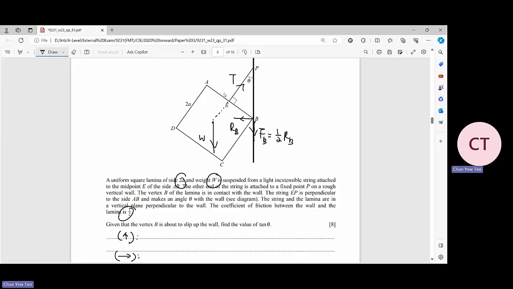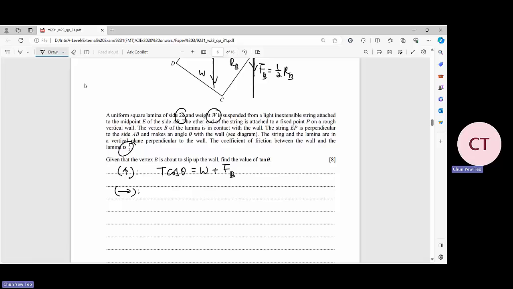For vertically, you will get T cos theta is equal to W plus FB. Since FB is equal to half RB, we just write this as W plus half RB.